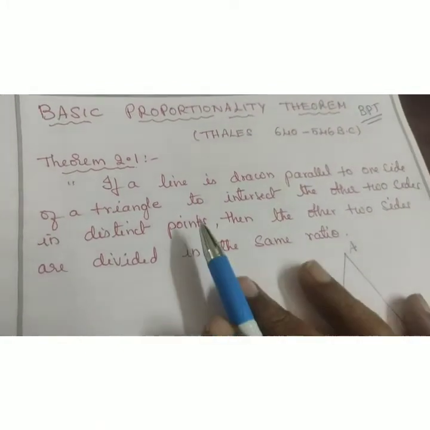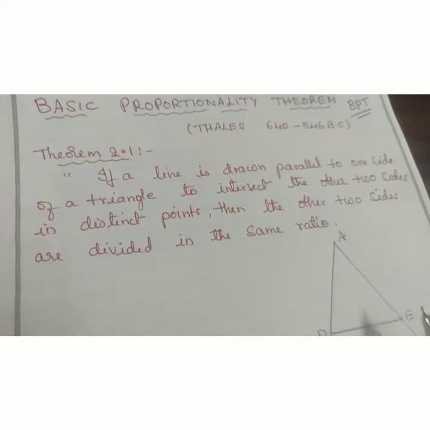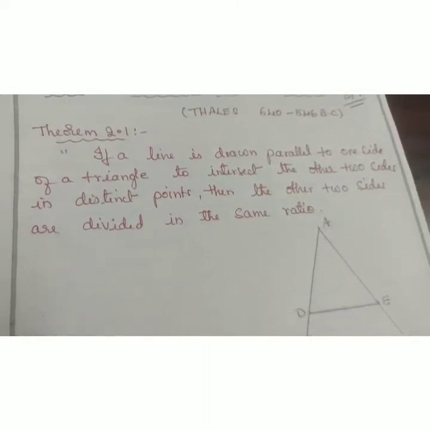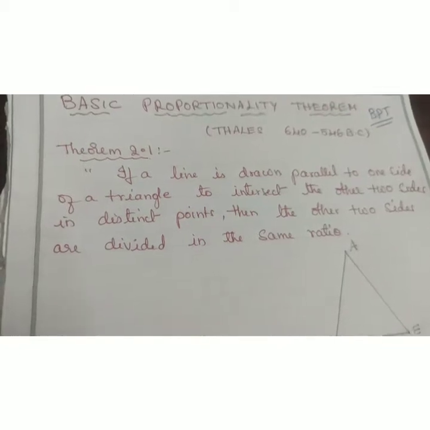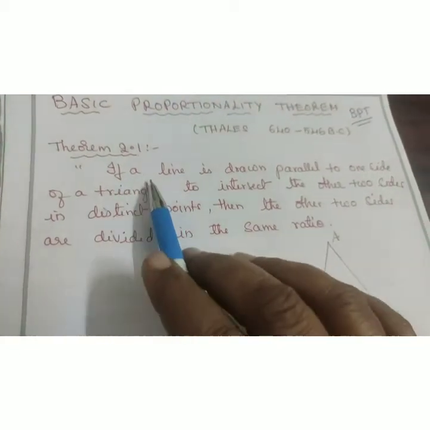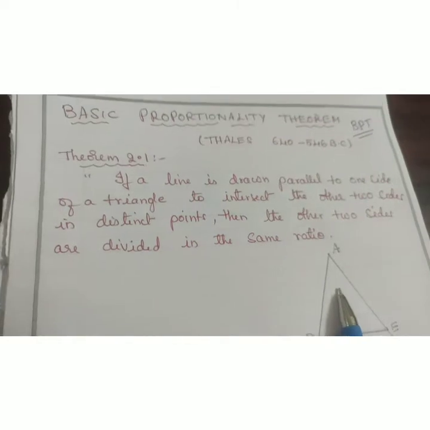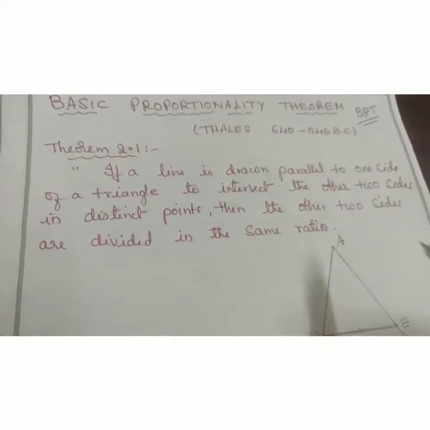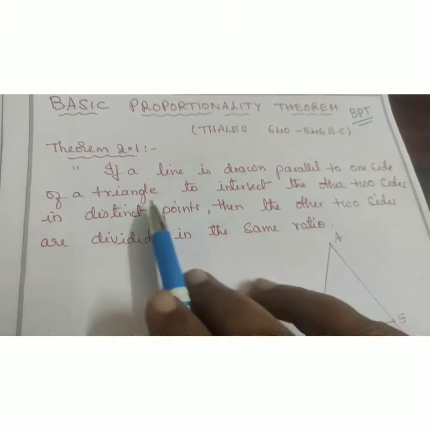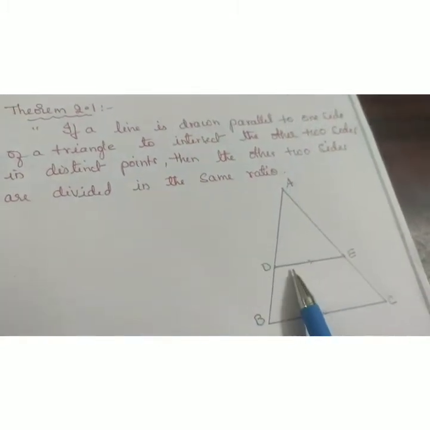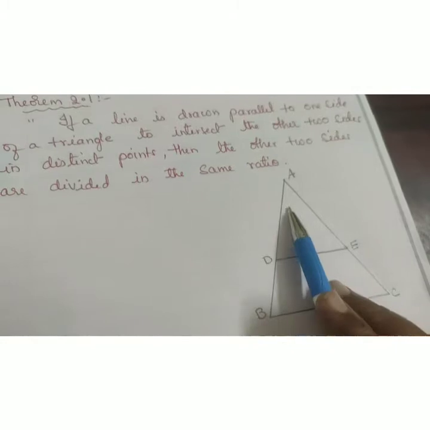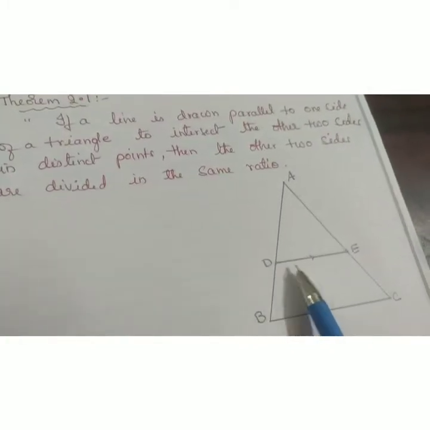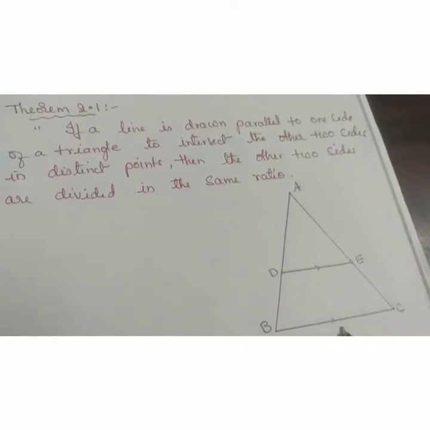So what does the statement say? This depends upon the midpoint theorem. In the 9th standard you have studied the midpoint theorem. So the statement of this BPT theorem, theorem 2.1, says if a line is drawn parallel to one side of a triangle, here you can see this triangle ABC, DE is the line drawn parallel to BC.